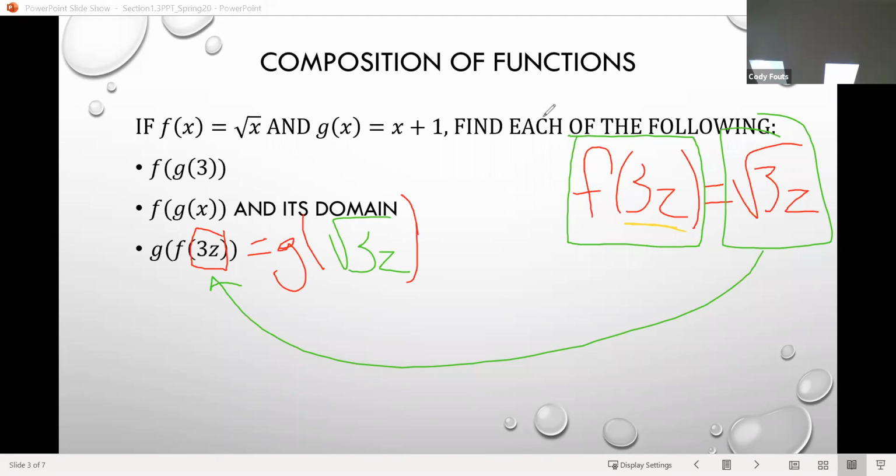And that's going to go in the place of the variable in the function g. So this will become square root of 3z, that value, plus 1. That will be our final answer there.